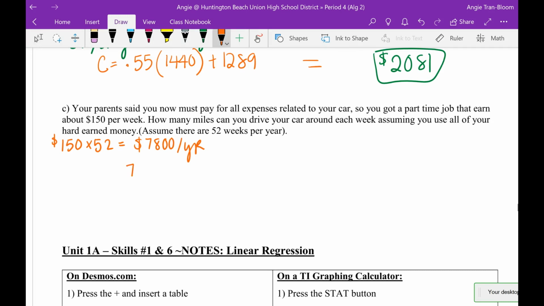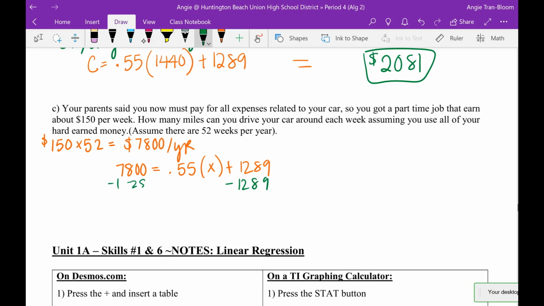Okay, how do we solve for x? You have to subtract. So what's 7,800 minus 1,289? 6,511.